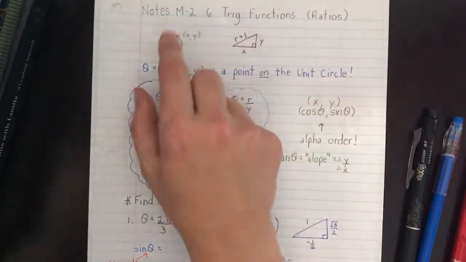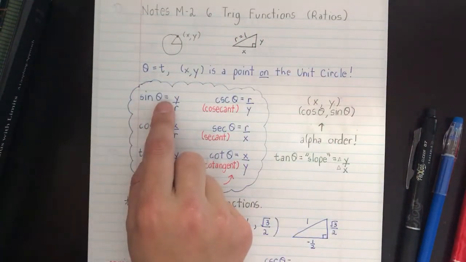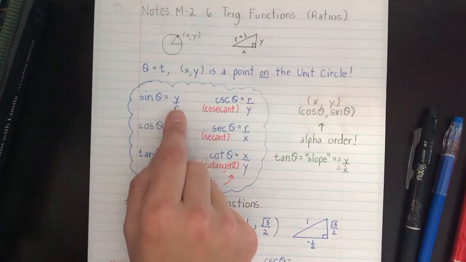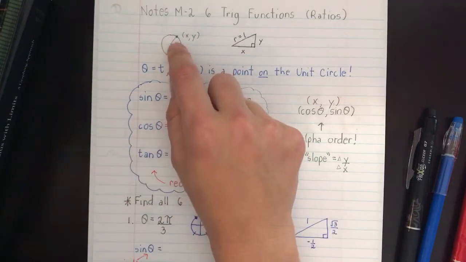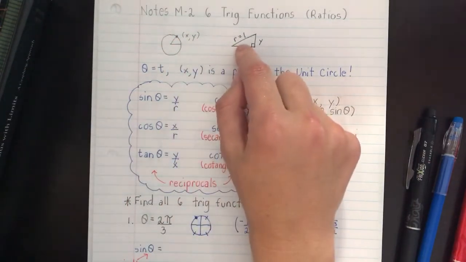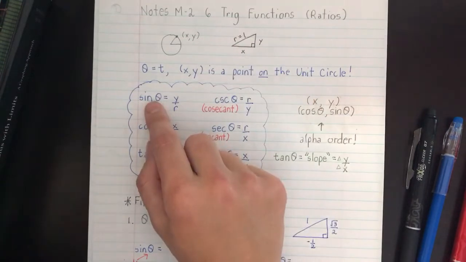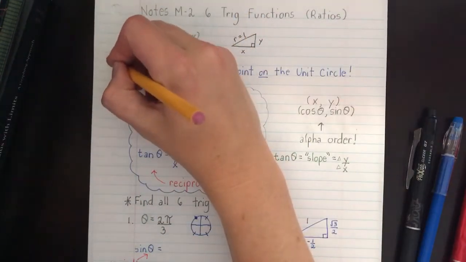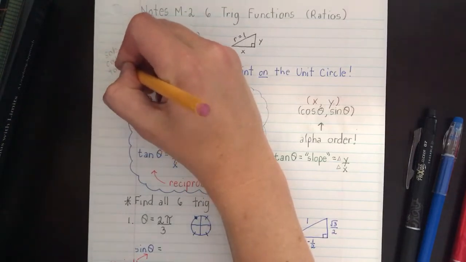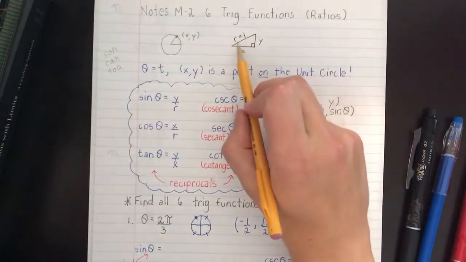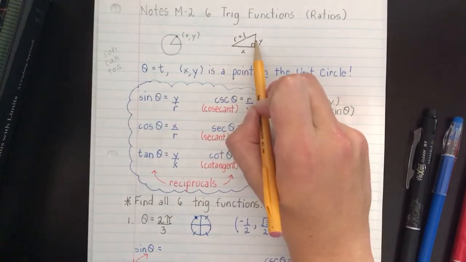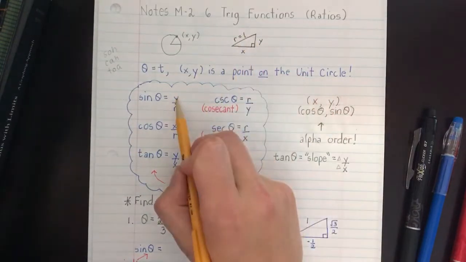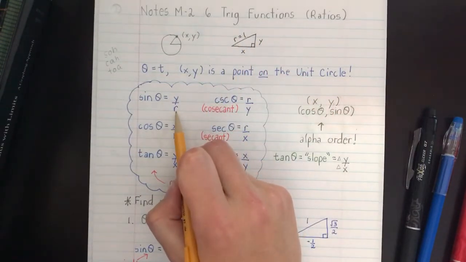So where I got sine of theta equals y over r is thinking back to SOHCAHTOA. If I'm talking about this angle here, remember that sine is opposite over hypotenuse, so y over r, the radius.